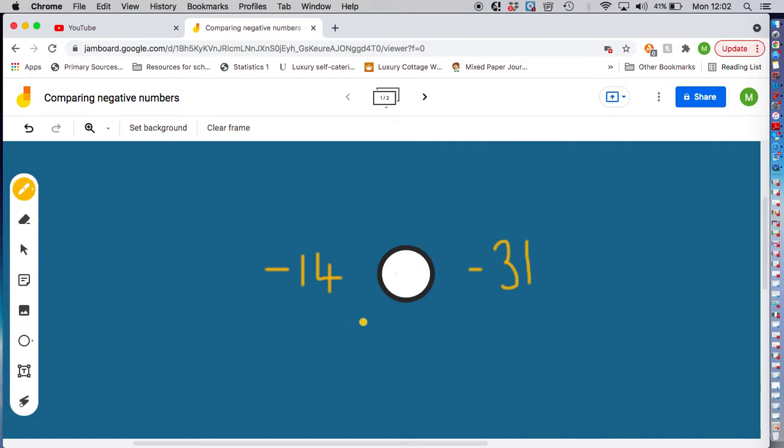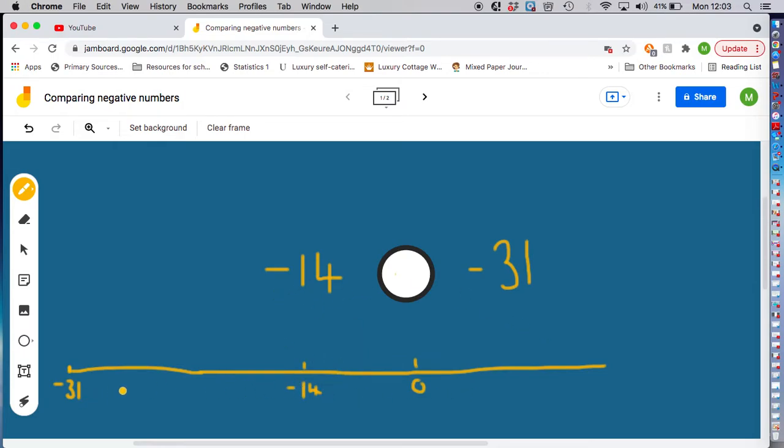So if we look at -14 and -31, which one's further away from 0? Sometimes drawing a number line helps you. So there's 0. -14 means I'm 14 below 0, or -31, which is 31 below 0. Which one is smaller? Which one's further away from 0? Because they're both negative numbers, that's fine.